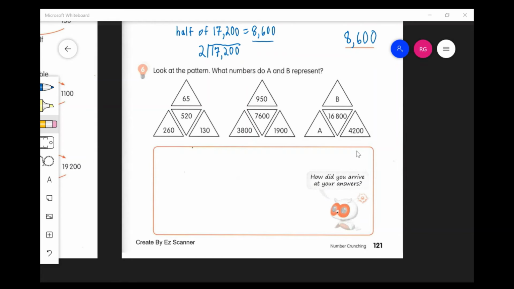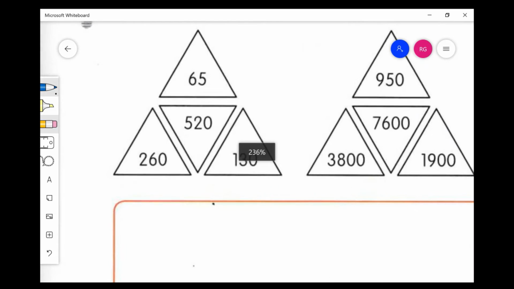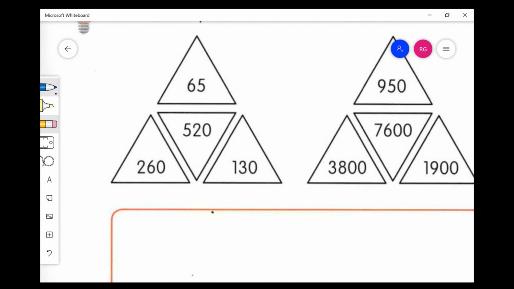Now we're looking at number 6 here. It says to look at the pattern. What do A and B represent? Well, before I look at A and B, I'm going to start over here and look at this and start to recognize that there is a pattern here. So to get from 65 to 130, I am doubling. And then it looks like to get from 130 to 260 here, I'm also doubling.